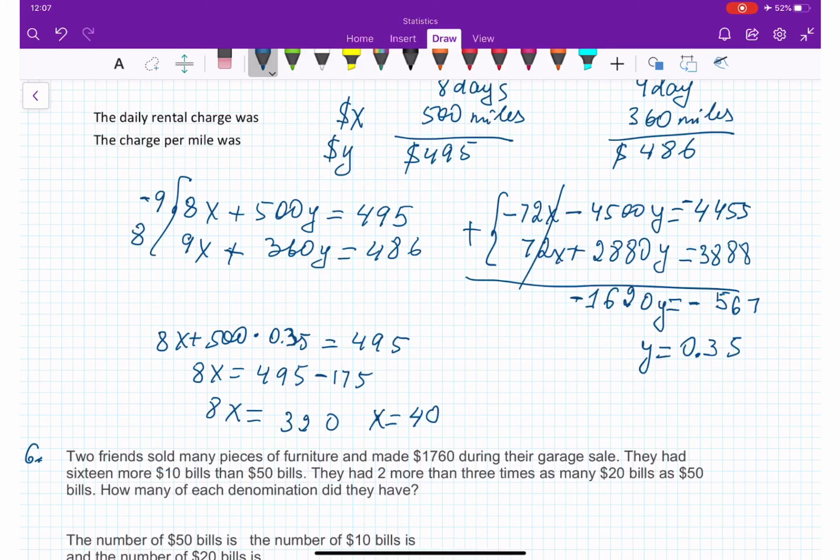The daily rental charge is $40. And per mile, it's 0.35 dollars per mile. Okay, next one.